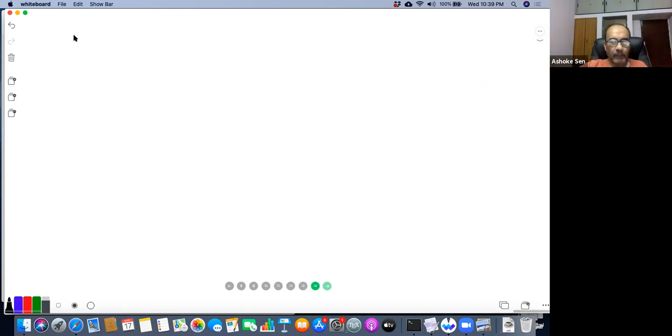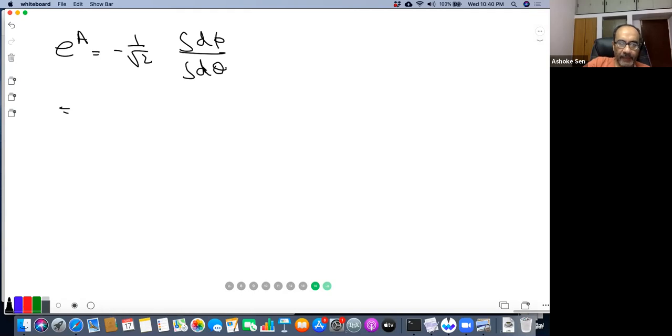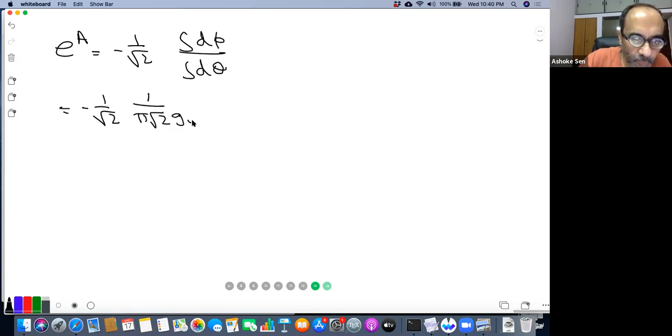So now we are ready to calculate e to the a. So e to the a was minus 1 over root 2 integral d phi over integral d theta. Now I'm going to write in terms of phi tilde and theta tilde. So minus 1 over root 2. Phi tilde was phi over pi root 2 G open, so 1 over pi root 2 G open. This comes from the phi tilde relation. So now it becomes integral d phi tilde.